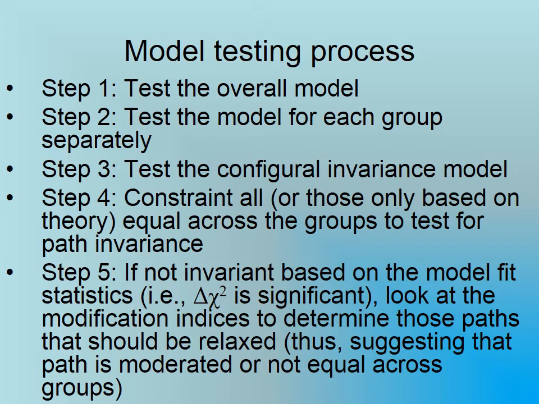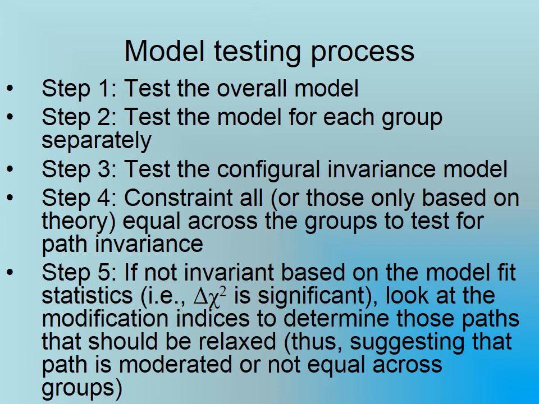Typically in this case what we'll do is look at your modification indices and figure out, okay, if the model fit is significant, which path coefficients that are constrained to be equal really should be relaxed and not equal across the groups. It's important to remember not to look at all the modification indices, but only those related to those parameter constraints. In other words, those betas and gammas that are constrained to be equal across groups.